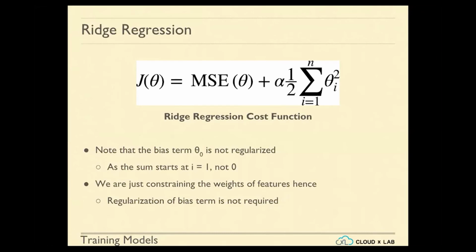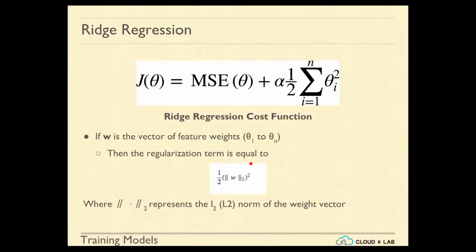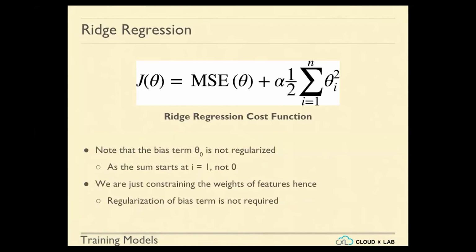Hence, regularization of the bias term is not required. So yes, we are adding the weights to our error function, and while minimizing the error, we are also keeping in mind not to go too high on the thetas.